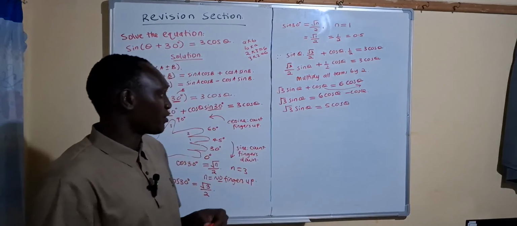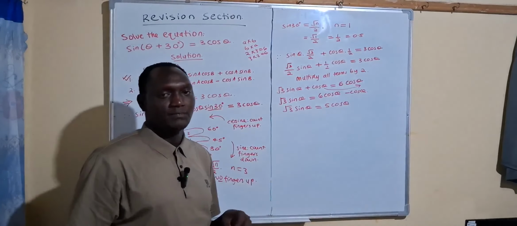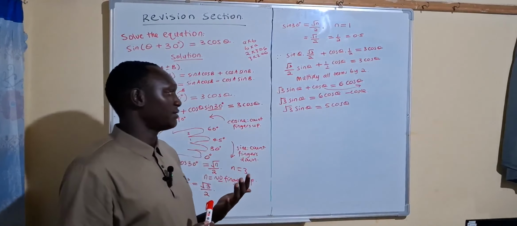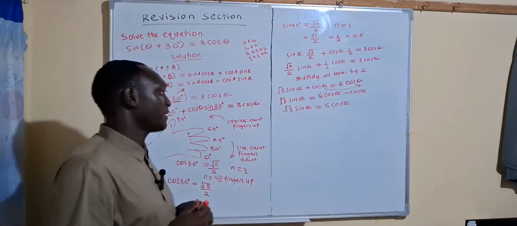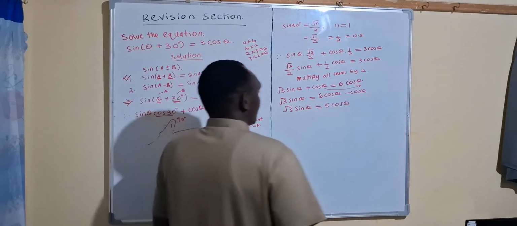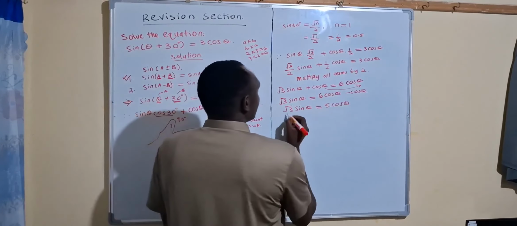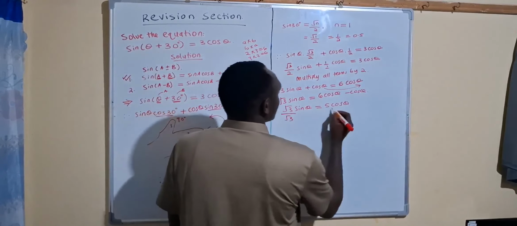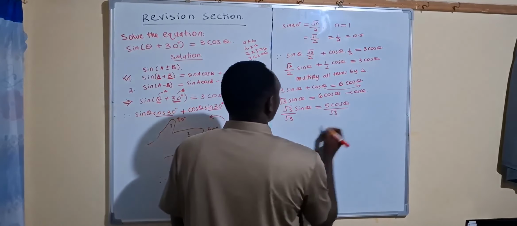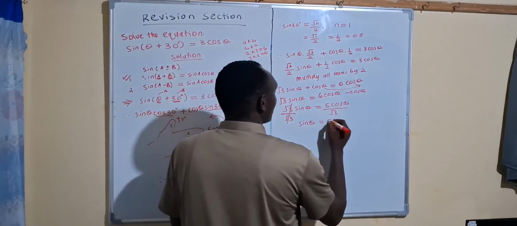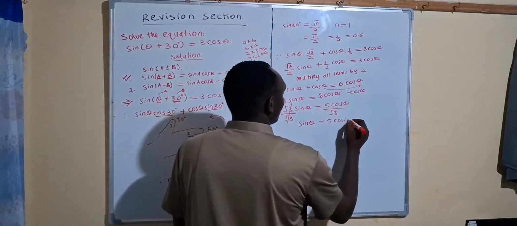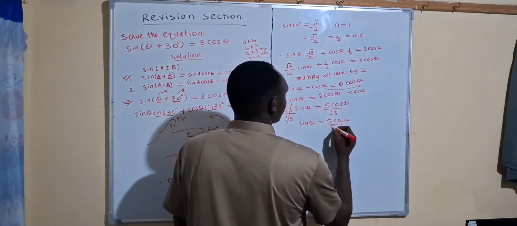Now I need to look for a way of combining the sine and cosine, and that is tan. So what can I do here? I can simply start by dividing both sides by root 3, so that I don't have root 3 on the left, and I just have sine theta equals to 5 cos of theta out of root 3.